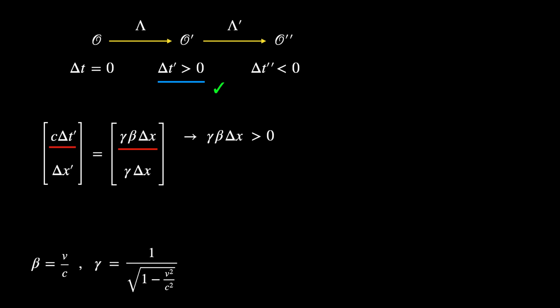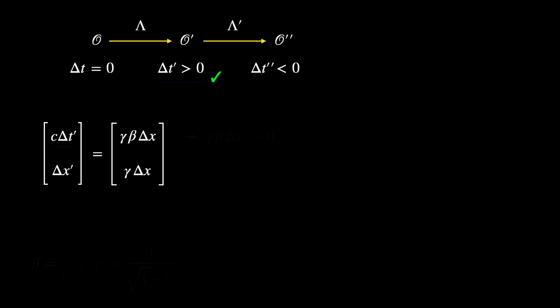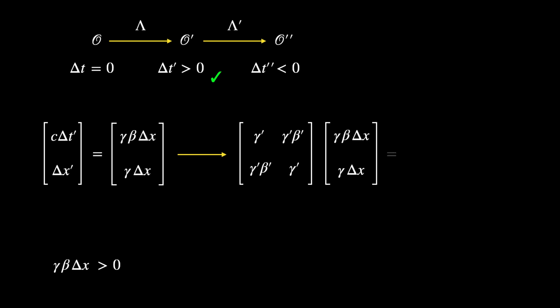This is always possible because we can just set beta to be in the same direction as delta x. Next, we apply a suitable lambda prime to get into the frame O double prime.